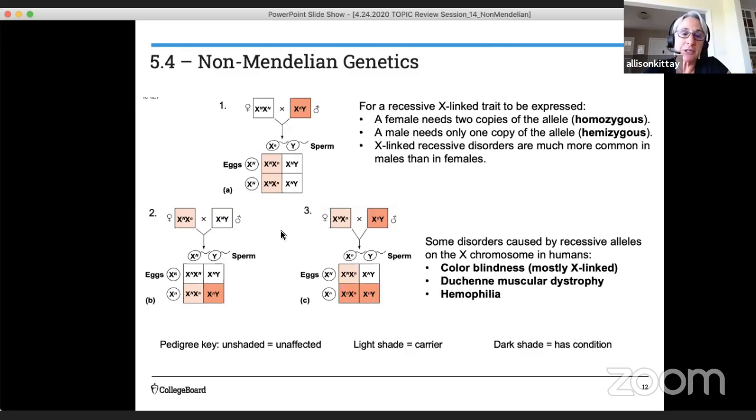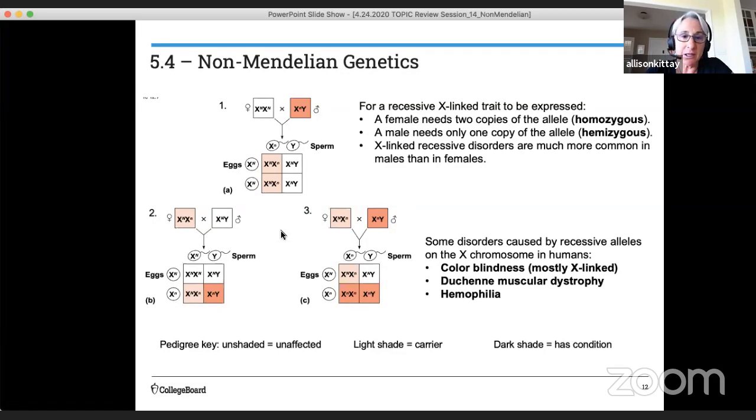So in the first Punnett square, in the first example, we see a female who is not affected. She has 2 X chromosomes with the dominant alleles, whereas the male is affected. He has 1 X chromosome and it has the recessive allele. So that dark shade means they have the condition.